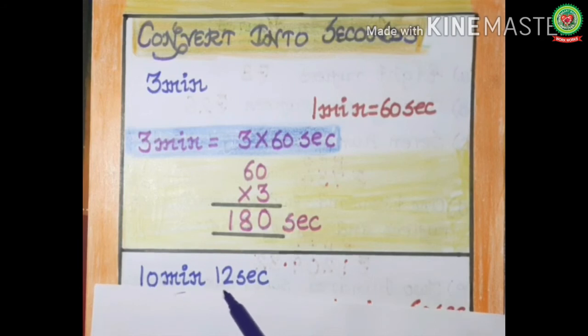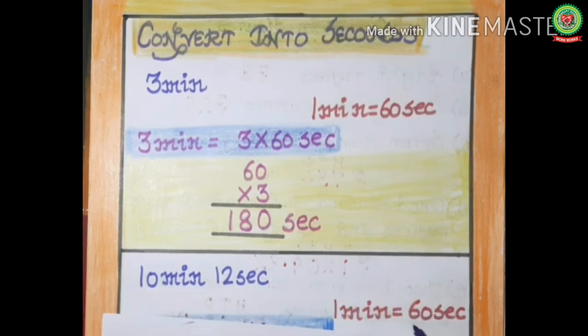Students, 12 is already in seconds, so no need to change 12 seconds. We will change 10 minutes into seconds. In 1 minute, there are 60 seconds. So in 10 minutes, there will be 10 multiplied by 60 seconds.